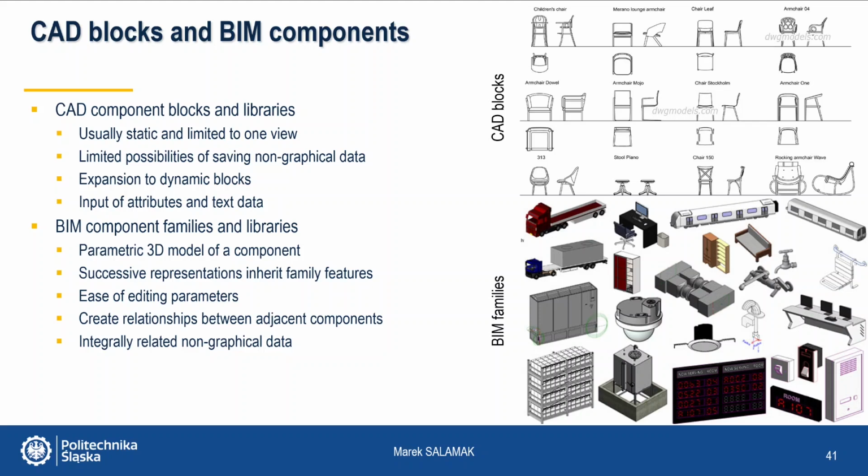However, they were, as a rule, static and limited to a specific view. They also had limited storage options for non-graphical data. Over time, dynamic CAD blocks and the ability to define attributes for saving text data were created. It was not enough, however. This was because the blocks were actually a collection of related CAD drawing primitives.